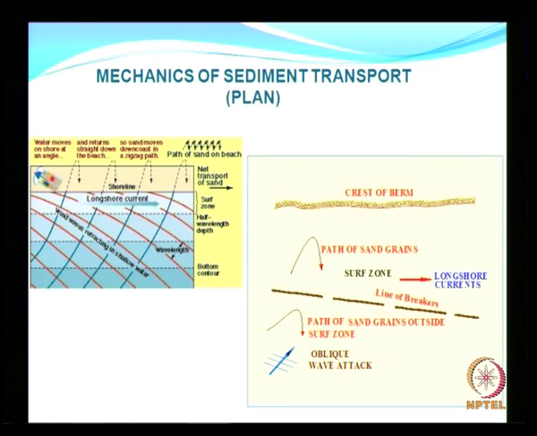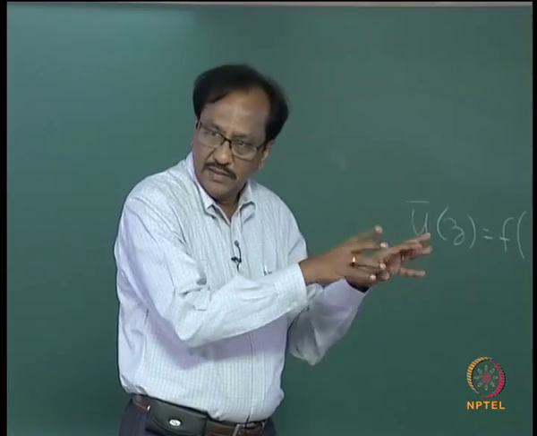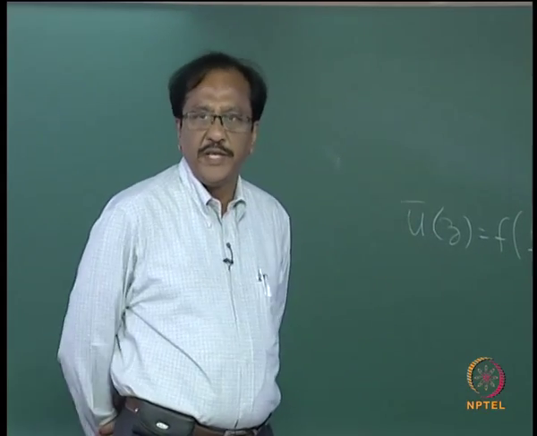Cross shore currents, or it is also called onshore offshore currents. So, you see that we have a system of currents in the near shore. I have already explained about the rip currents that also take place in the near shore zone.